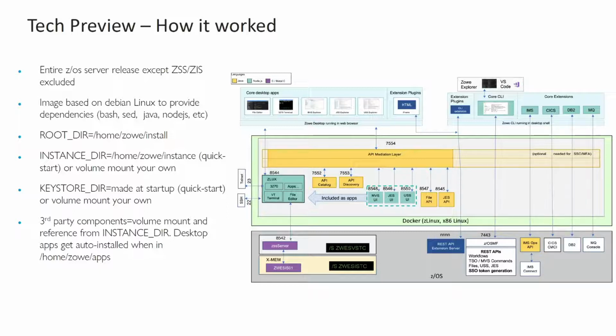It included all the dependencies that you needed, and even third-party products and components could be mounted into the container without modifying the state of the container itself by using a volume mount.